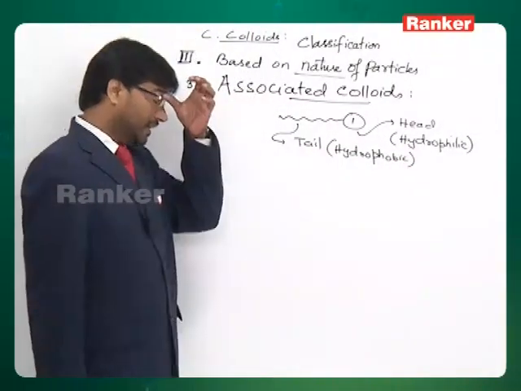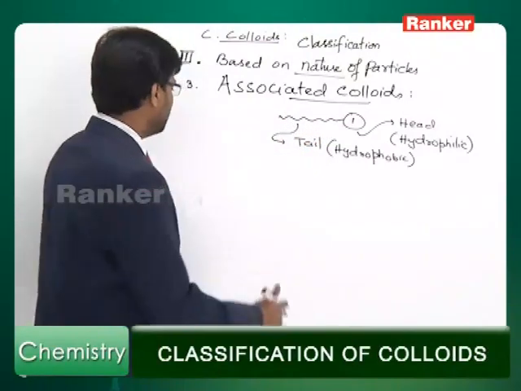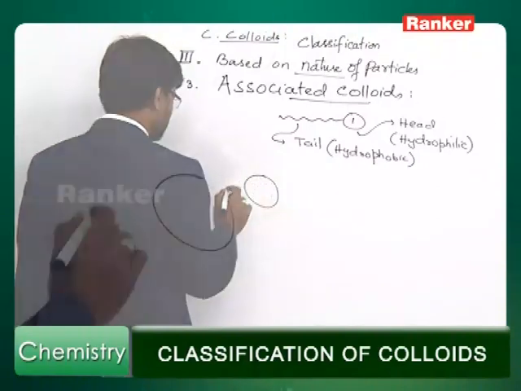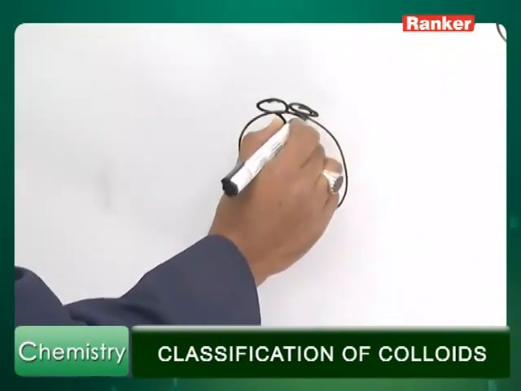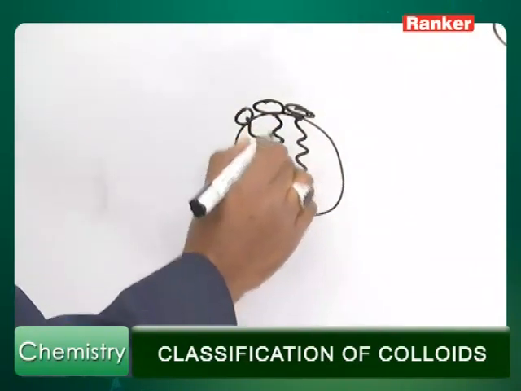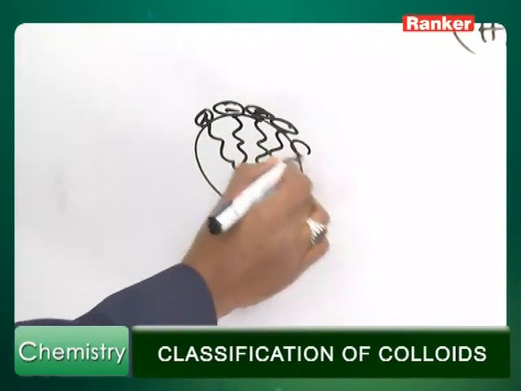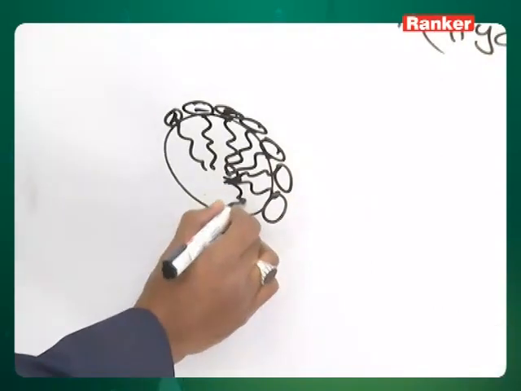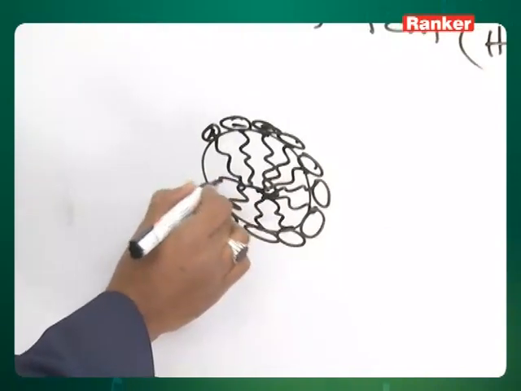Now when you have several such particles existing in water, then they tend to form a spherical ball-like structure in which their tails are pegged inside and their heads are present outside. The charged heads are present outside and their tails are pegged inside, and they form a spherical ball-like structure which may have 100 or more particles associated.